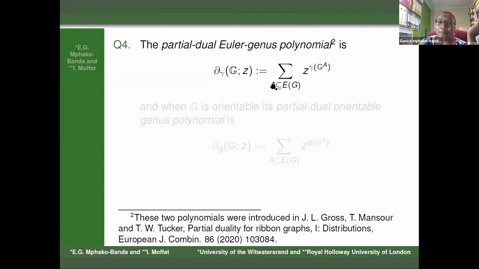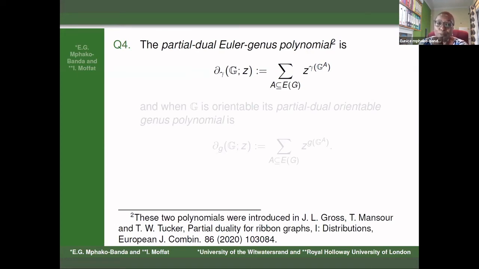For each subset A of the edge set, you are going to find the partial dual of that subset, and once you find that partial dual, you compute the Euler genus of it. Then you take Z to the power of that, and you sum over each subset. This polynomial we are going to call the partial dual Euler genus polynomial.